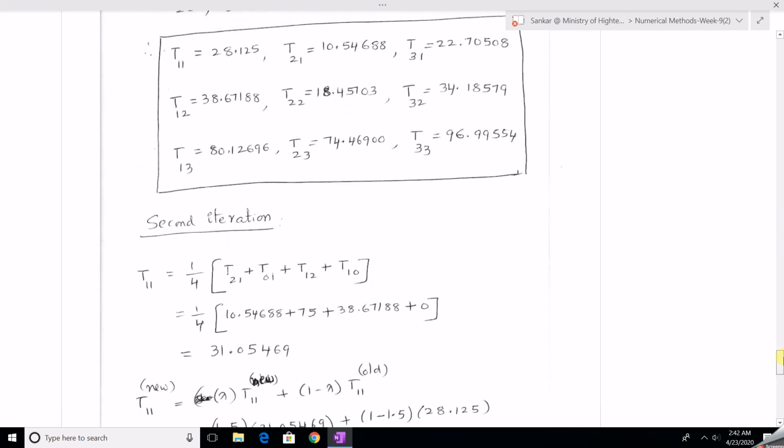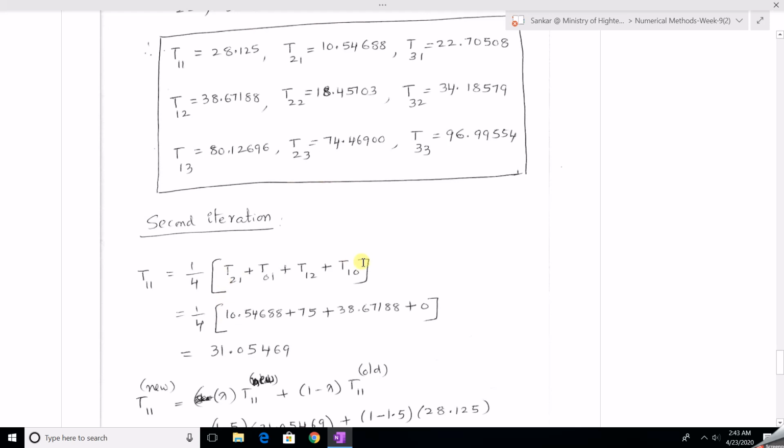The T21 value we have, we keep that value, plus T01 is the previous point, that is on the edge. So the edge temperature is 75 degrees, plus T12. The T12 value is here, 38.67188, plus T10 is the point on the bottom edge, so its temperature is 0.